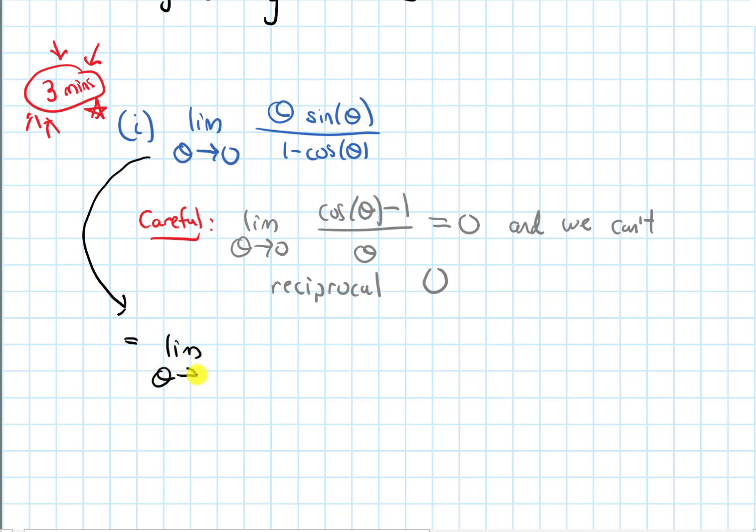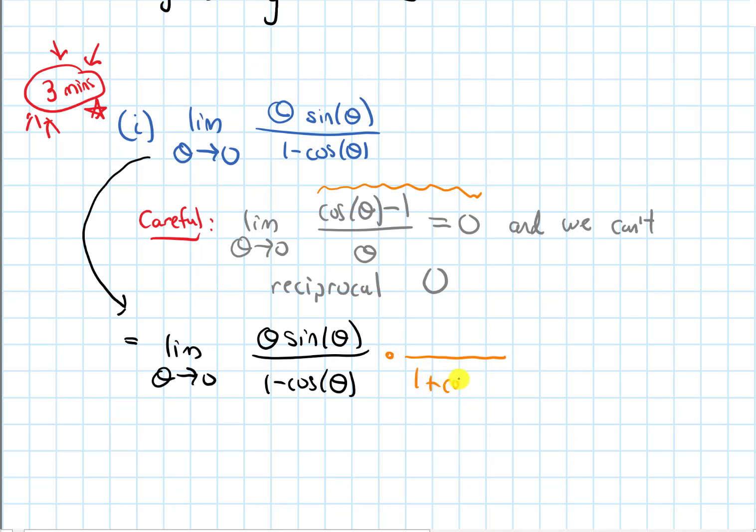So I'm going to rewrite what I have. Limit as theta goes to 0 of theta times sine theta over 1 minus cosine theta. And let's instead see if we can remember our strategy for how we did this limit in our lecture videos in the first place. There was something that we did to this fraction to simplify it. And that was we multiplied it by something like the conjugate.